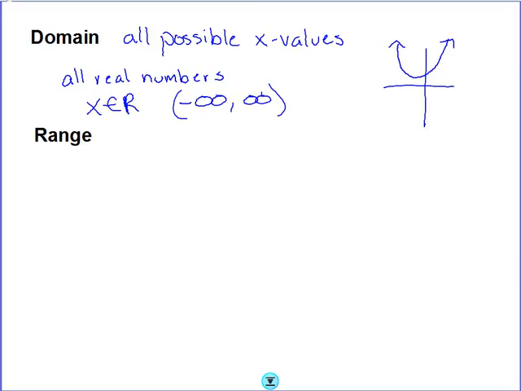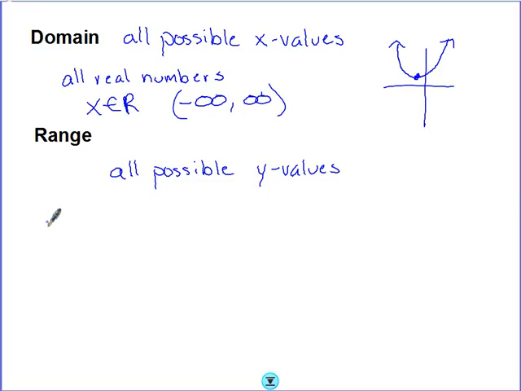Then range, remember, is all possible y values. So if I look at this graph, it goes up forever, so I can have any y values up here, but there is right there a minimum y value. Nowhere on this graph will I have y values that are down here.